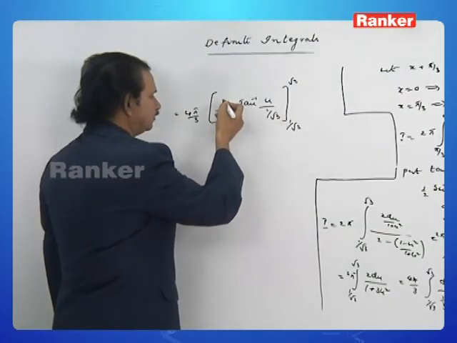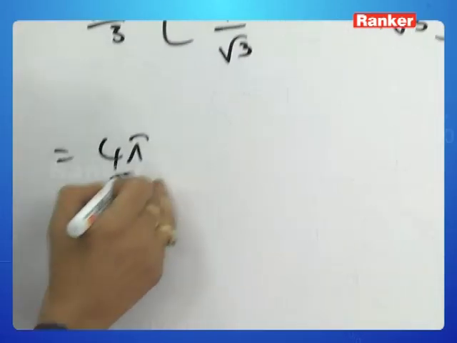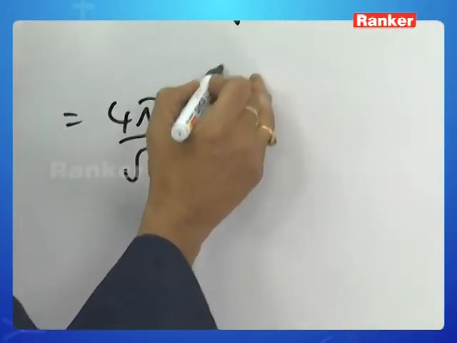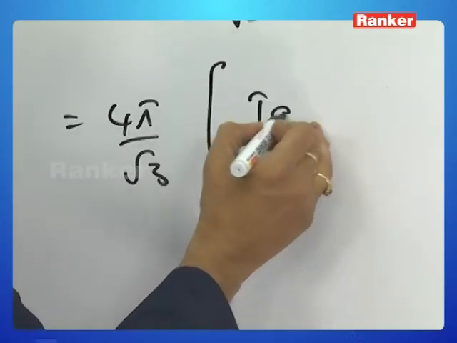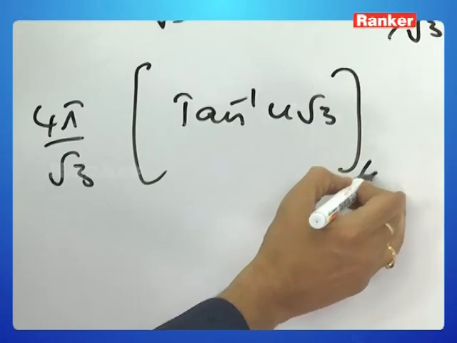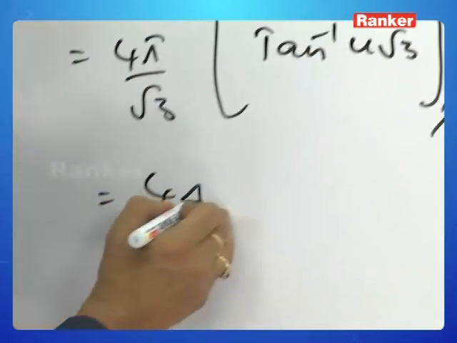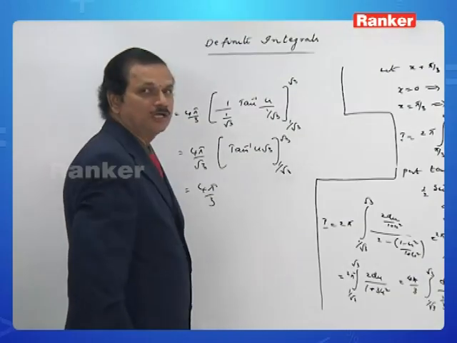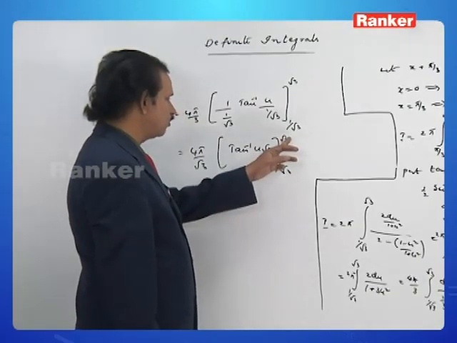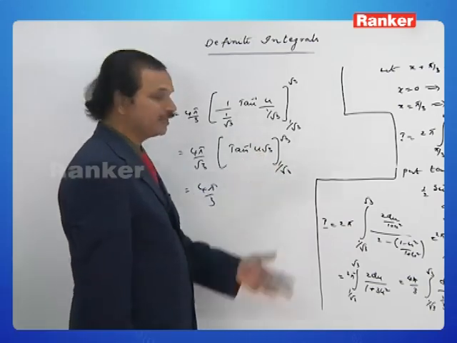1 by root 3 becomes root 3. Root 3 by 3 becomes, it is 4 pi by root 3 into tan inverse u root 3 between the limits 1 by root 3 to root 3. If you substitute root 3 into root 3, that is 3.